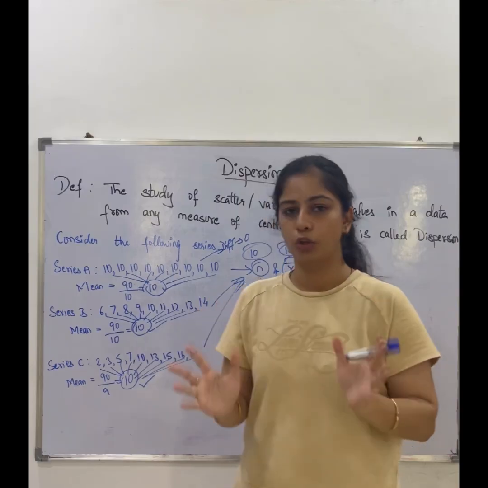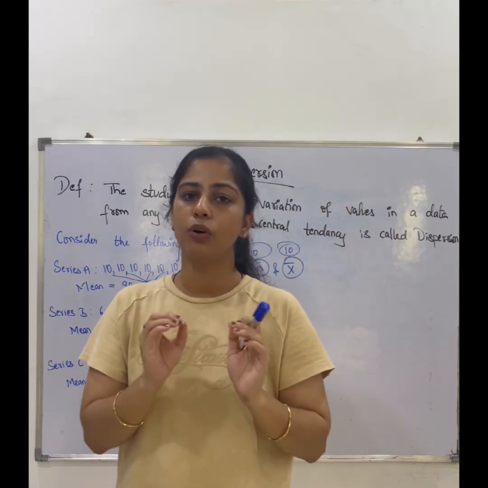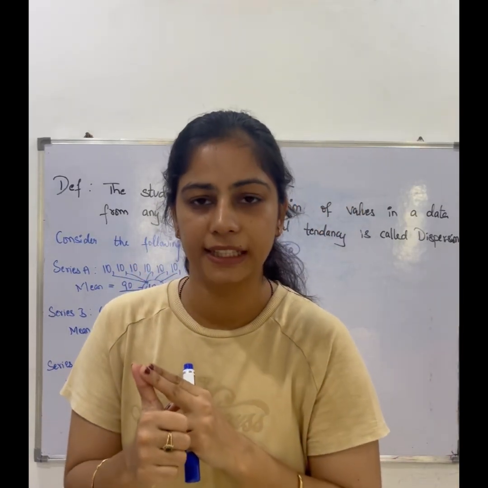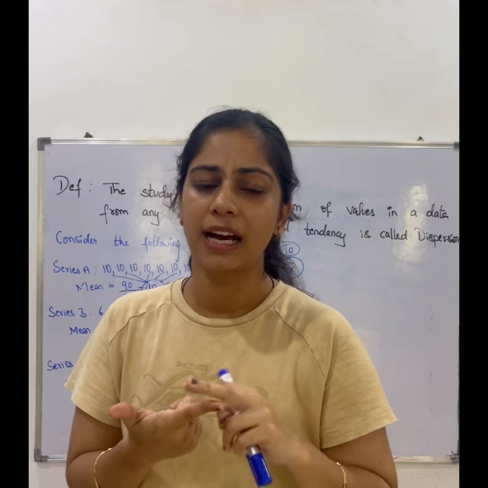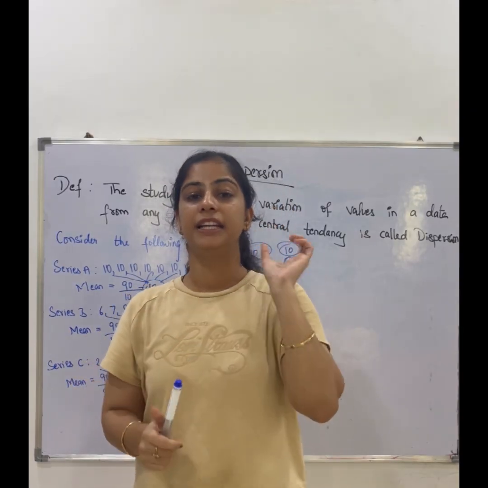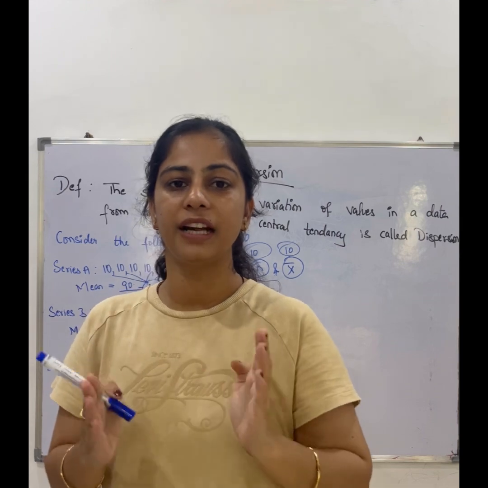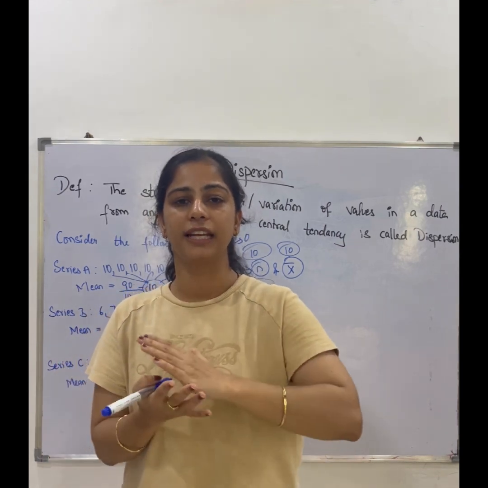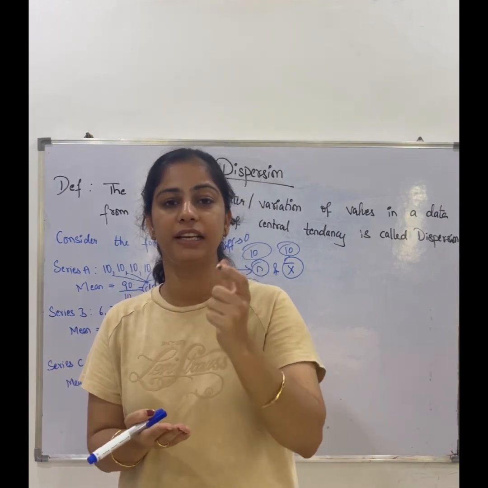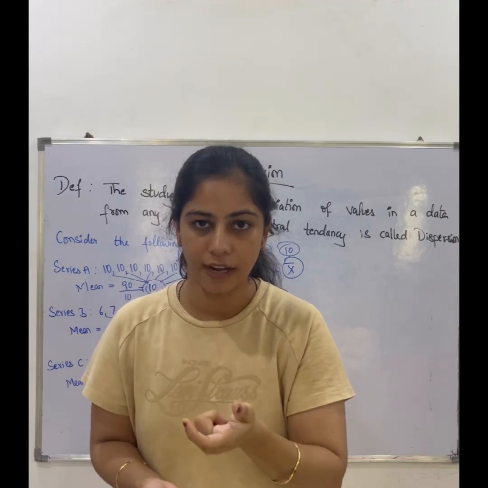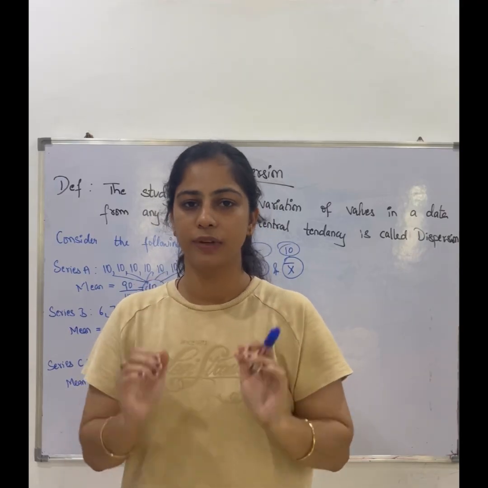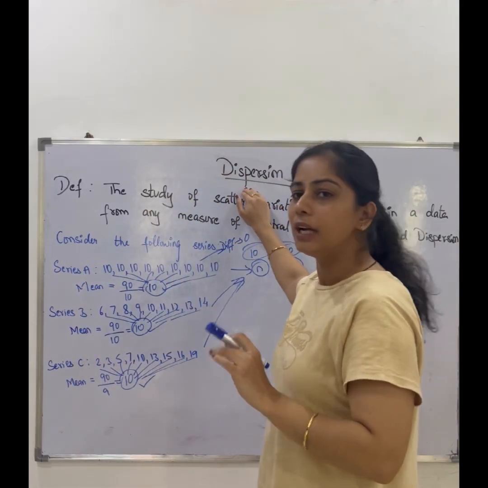So from this what do we understand? That even if the size of the data and the mean of the data are the same, the nature of the data needs to be seen so that we understand how much the values are deviating from that particular central value. In order to study this, we do the topic called dispersion.